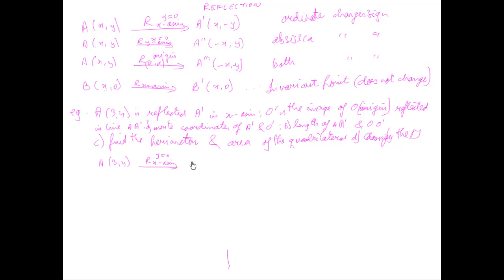So children, here we've got A as 3, 4 when it's reflected in the x-axis, or y equal to 0. For A dash, in the x-axis the ordinate changes sign, so that becomes 3, -4. I'm just drawing a small graph over here so that we can analyze and come to the final conclusion.